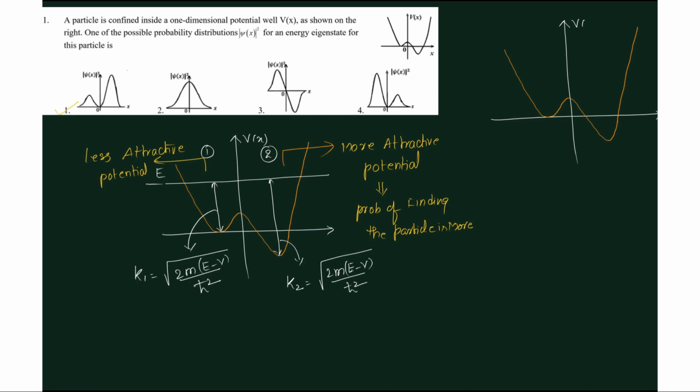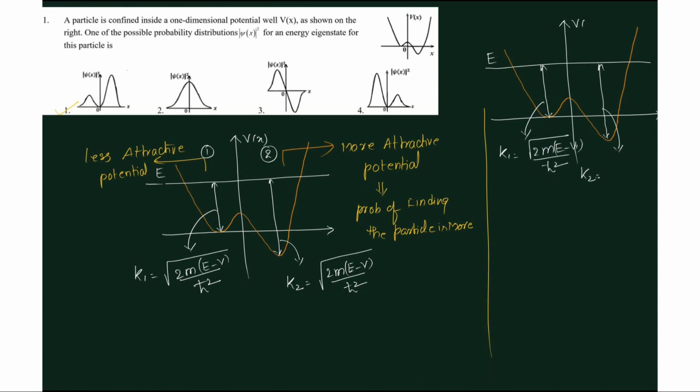Or else we can do it in another way also. Let us consider it like this. We have already defined this as the energy of the particle, and this will give you the k value in this region, which we have already written: K1 is equal to the square root of 2m(E minus V) by h cross squared. In the second region this gives K2, the square root of 2m(E minus V) by h cross squared.